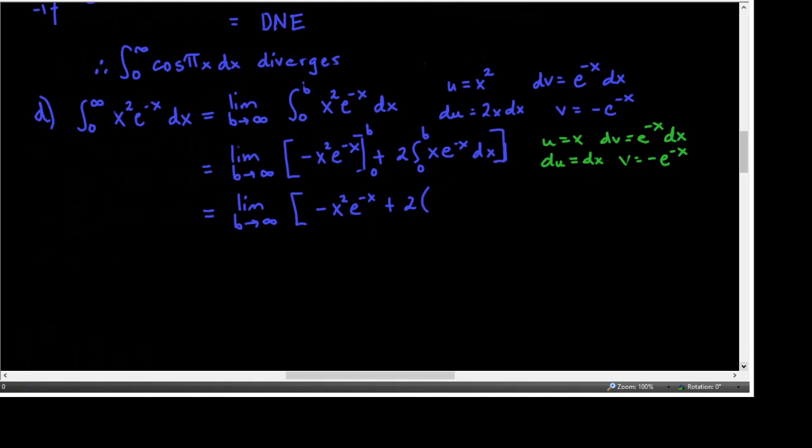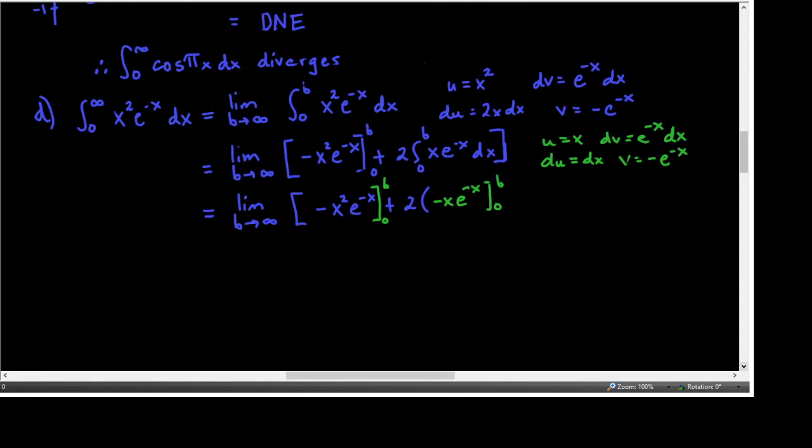So this is going to be uv, so negative x e to the negative x. Technically, I guess I ought to write this. This is going to be from 0 to b, and this part will also be from 0 to b.